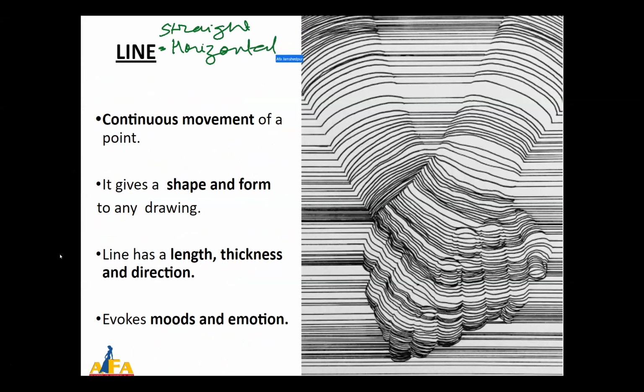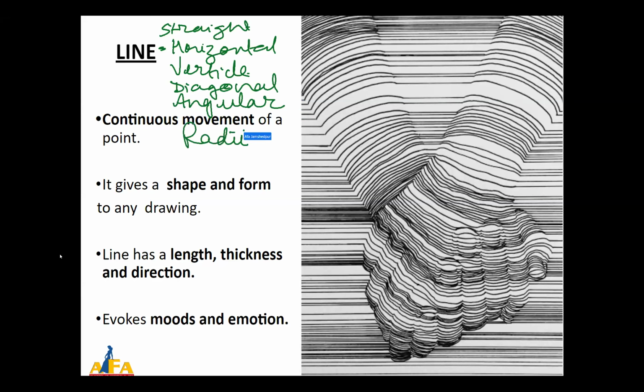Horizontal, vertical, diagonal, angular. Write it. And radii. Write about these lines. So these are straight lines. These are types of straight line.